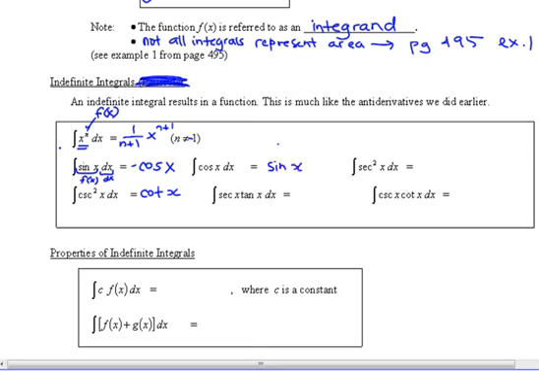Negative would just be sine. So backwards. Secant tan? Secant. Oh, this one you guys should know. Secant squared. Cosecant cotan would be cosecant? It's not negative, it's negative cosecant. It would be negative cosecant.